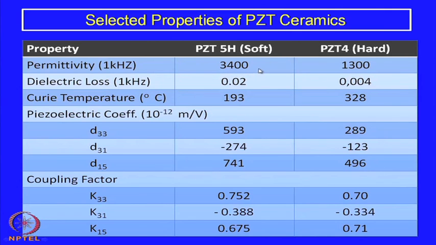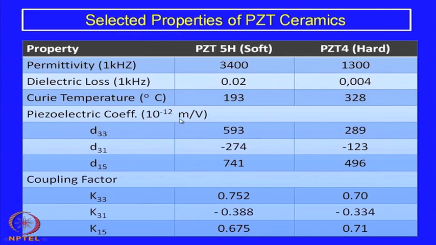Permittivity varies from 3400 to 1300. Okay. In this case it is about 3400, it is only 1300. Dielectric loss is a little higher here, whereas this is a little lower. Curie temperature as mentioned, this is 193, around 200, whereas it is more than 320.